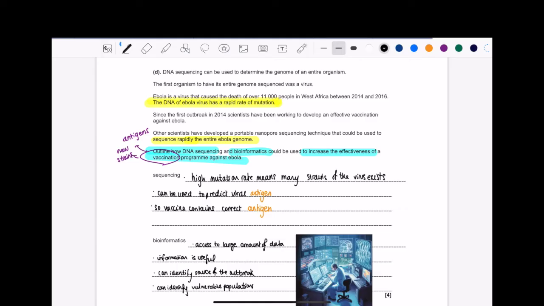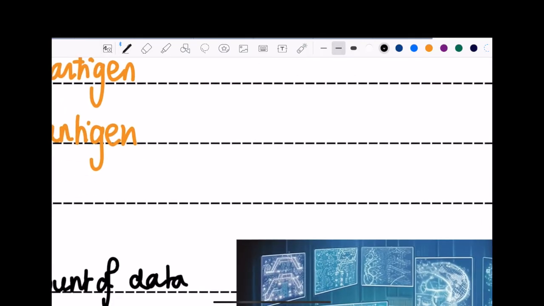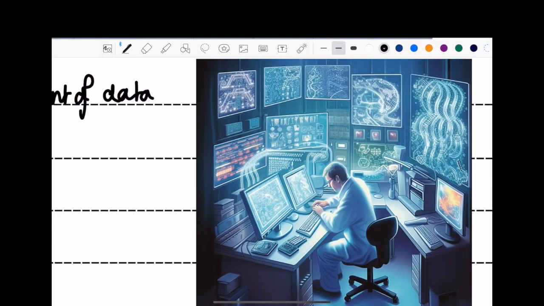Now, onto bioinformatics. For these points, I'd recommend you just memorize them, because this is basically describing what bioinformatics is. So definitely copy down those points, but let's talk through them. First, access to a large amount of data, as I've told you, and this picture kind of illustrates it, though it's not even real life.